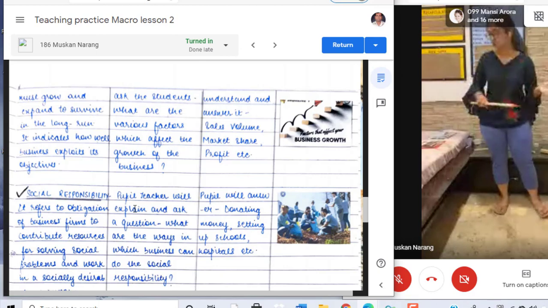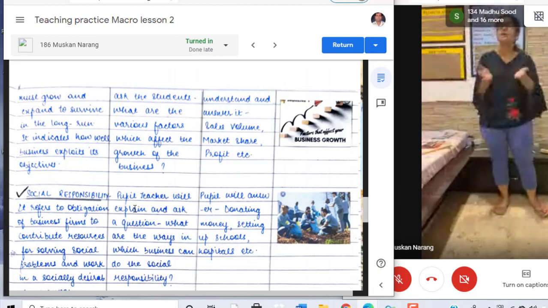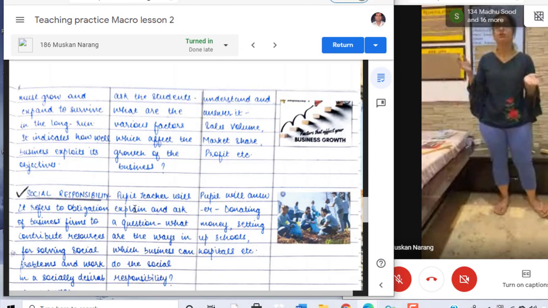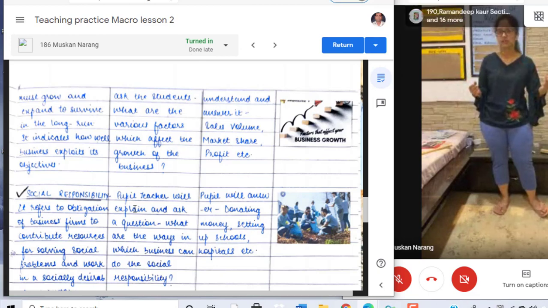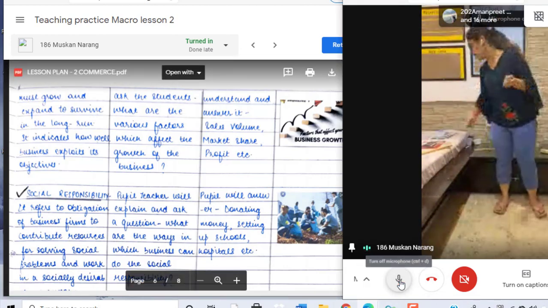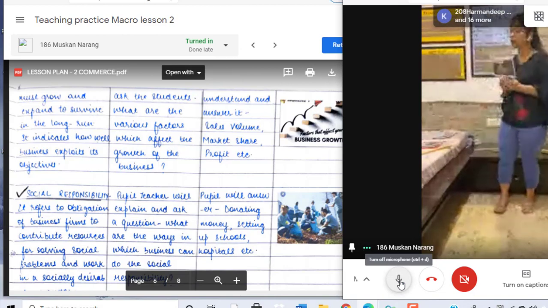On the contrary, it is the duty of business enterprises and organizations to contribute towards the welfare of society. It could be in any form: charity, donations to hospitals, constructing parks, participating in religious festivals. It could be in any form. Clear? So now students, I am showing you two pictures.